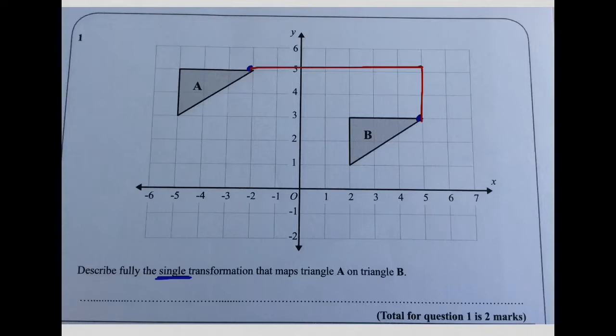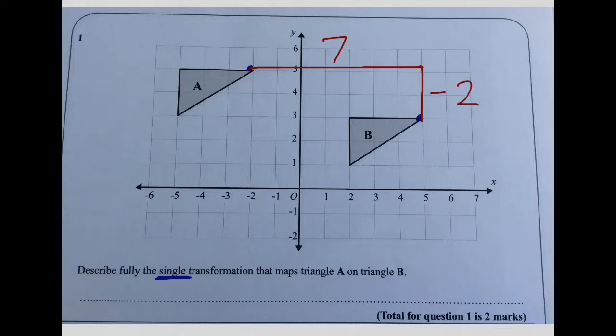Moving towards the right is positive, just like on the x-axis. Moving in this direction is positive, and that way it's negative. So going from here, I'm moving 1, 2, 3, 4, 5, 6, 7. So that is going to be 7. And here I'm going down. Down is negative, and I'm going down 2 squares, so that would be -2.